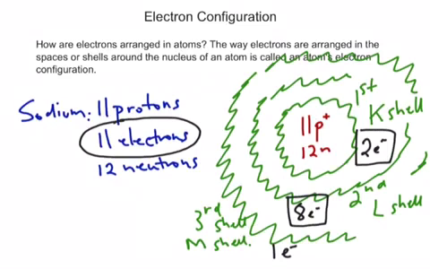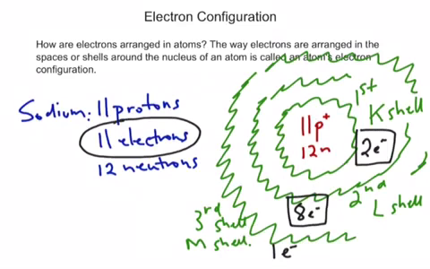So sodium has 11 protons, 12 neutrons in the nucleus or middle of the atom. Its 11 electrons are arranged with 2 in the first, or K shell, 8 in the second, or L shell, and 1 in the third, or M shell.